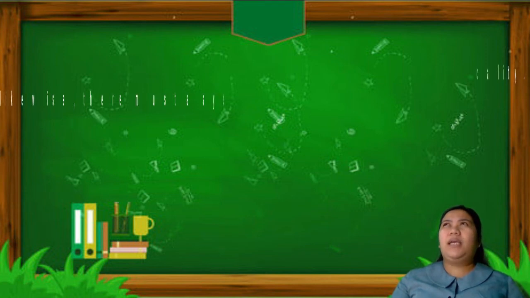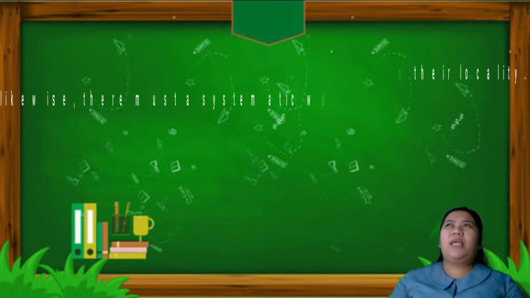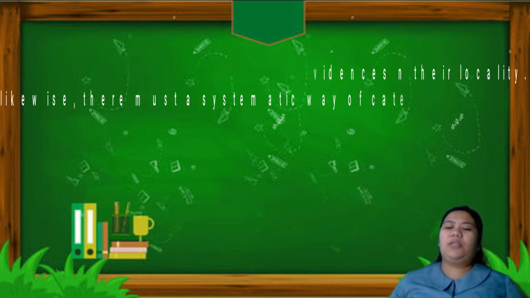There should be an organization or a department per local government, let's say in Caloocan, which keeps track of records of everything that is happening per year.